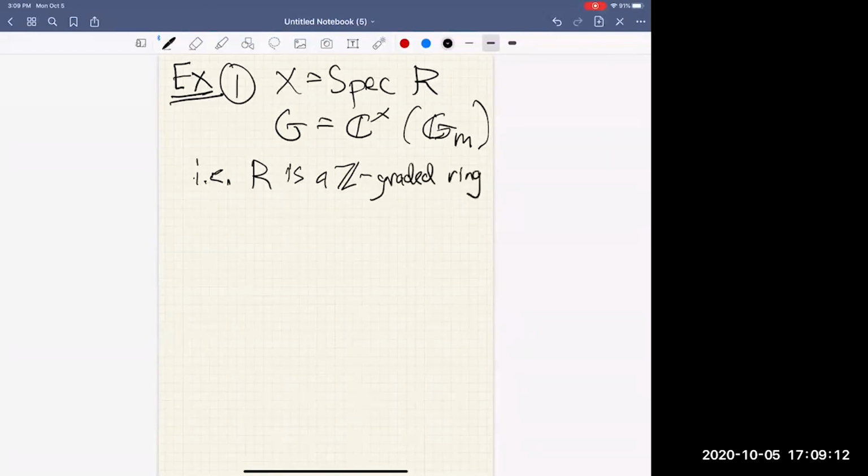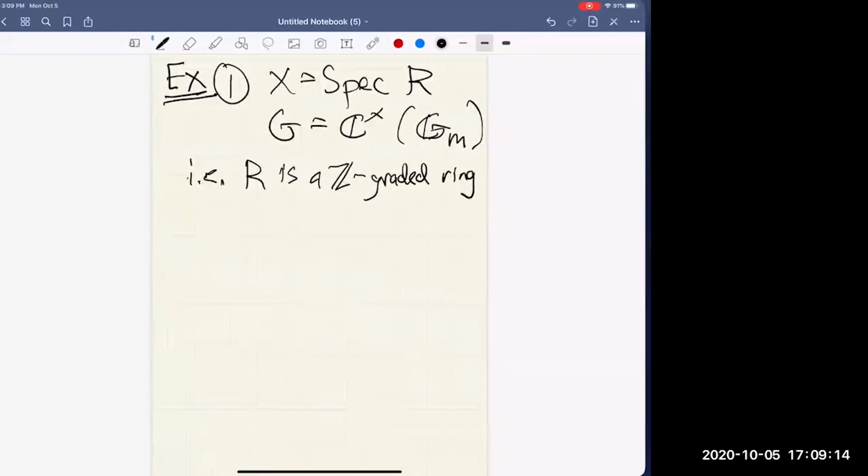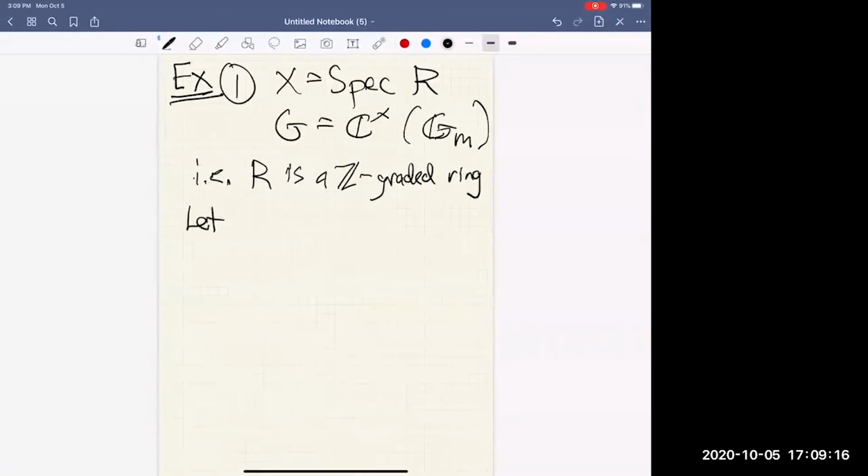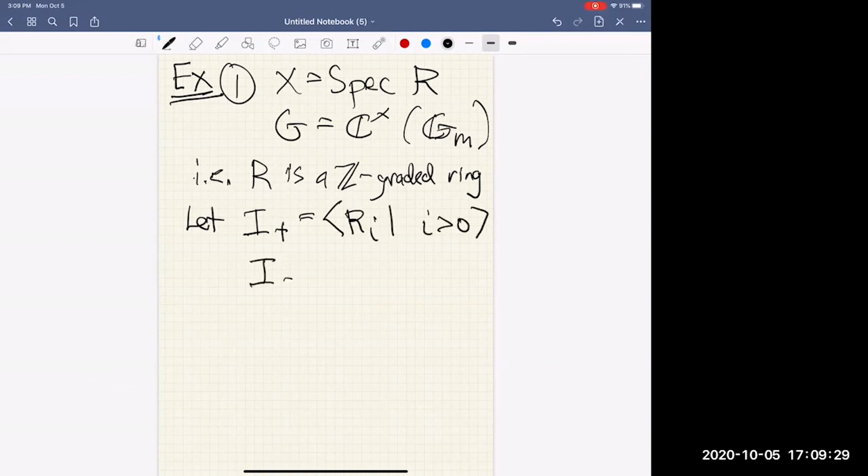The C star action amounts to a Z grading. We can look at the ideal generated by positive elements, or the ideal generated by negative elements. Okay.